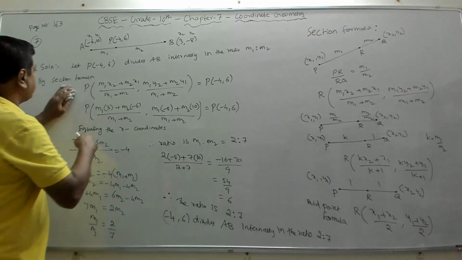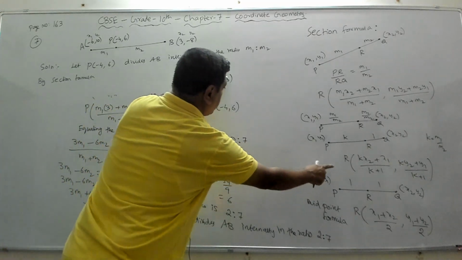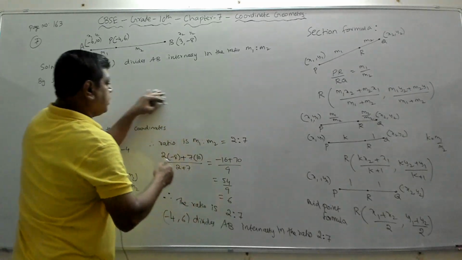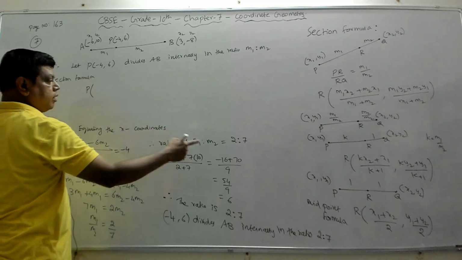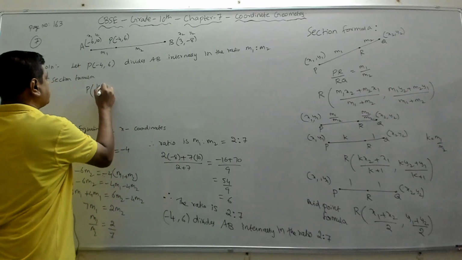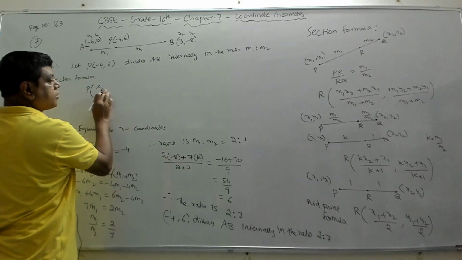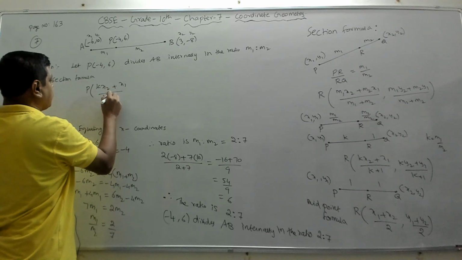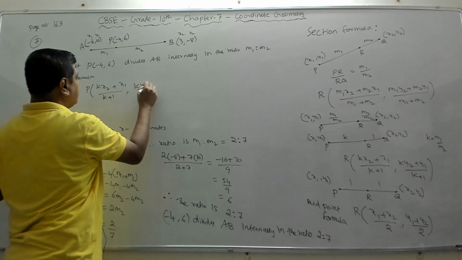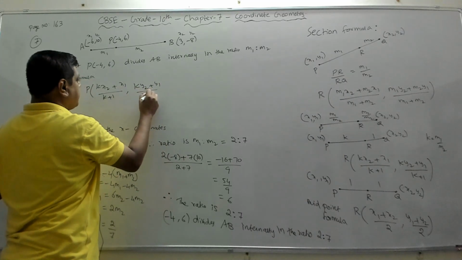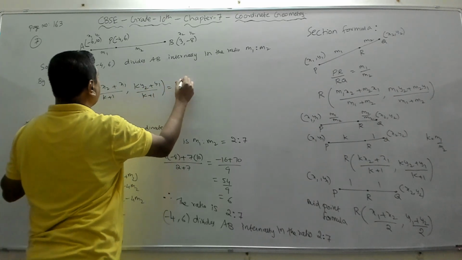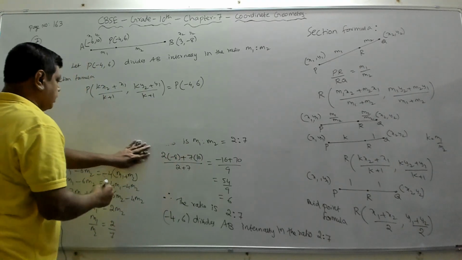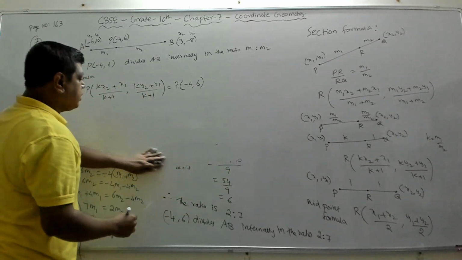I'll do the same problem with another method, wherein we take our section formula as P of kx2 plus x1 by k plus 1, comma ky2 plus y1 by k plus 1, that is equal to P of minus 4 comma 6.